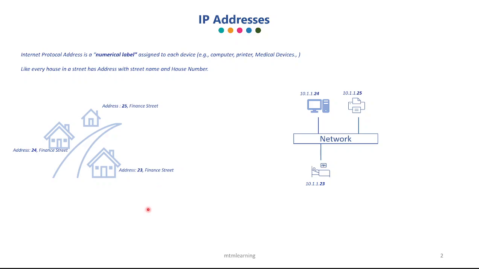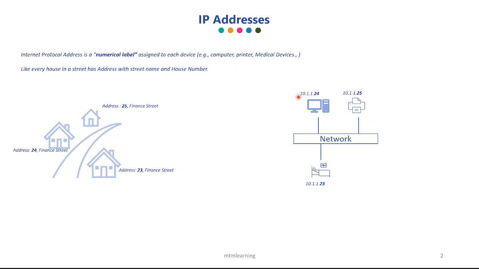There is more information to it, like the street and the country, but let's just take this for now. You have a street name and then the house door number. Similarly, IP addresses have a door number and then the street number. Together, it is given as an address. It's a four octet address.